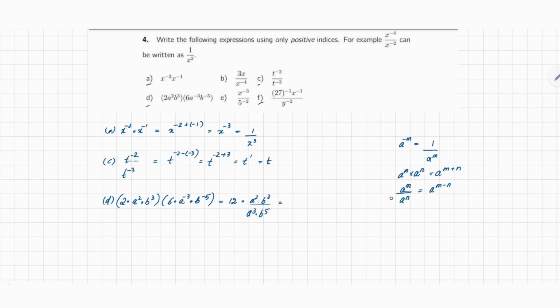We can simplify this by using the following formulas. Observe the bases and only apply the formulas to similar bases. So we have a to the power 2 minus 3 times b to the power 3 minus 5. That gives us 12 times a to the power minus 1 times b to the power minus 2. Since we have to write these in positive indices, we have 12 over ab squared.